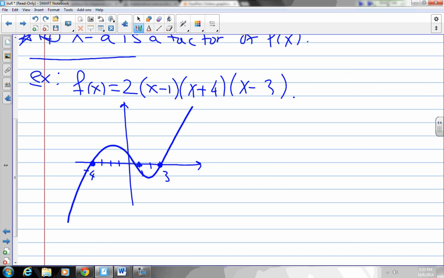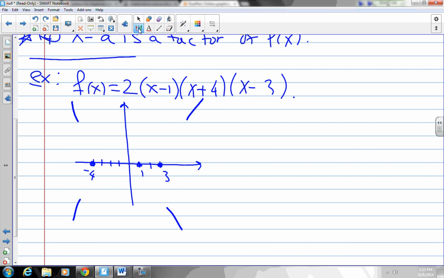Do you agree with that? All right. Or I can do something like that, another pretty smooth graph that hits all the points. So how do we know which one it is? That's where the end behavior comes in, because all I need to know is whether it's going to be down-up or up-down. Which version is that?